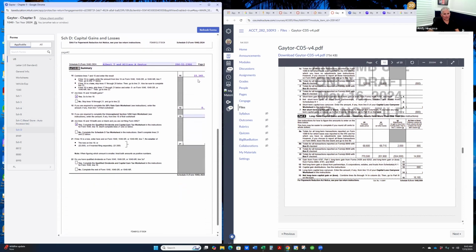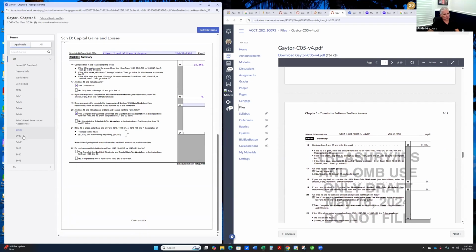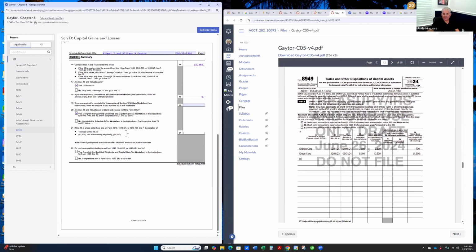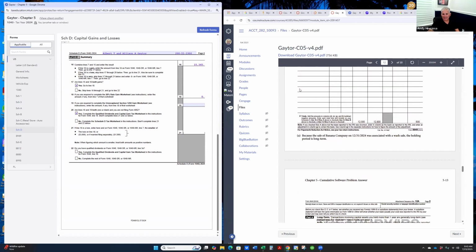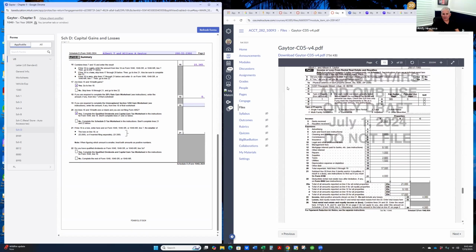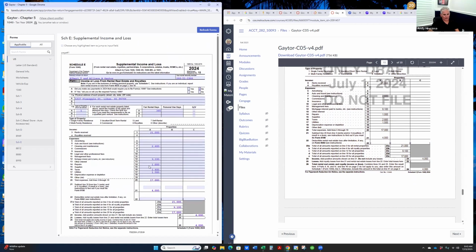Second page, 15,365, 15,365. Okay, we're good. 89.49. These are the details to the D's. We've already gone through this. Schedule E, I guess we can take a look at it real quick. Bottom line, 4,000, 4,000.